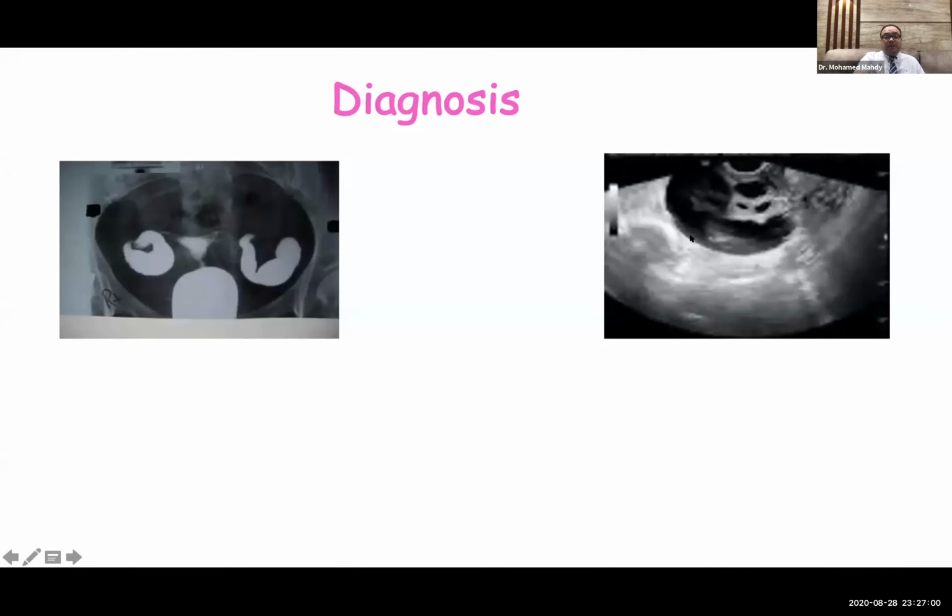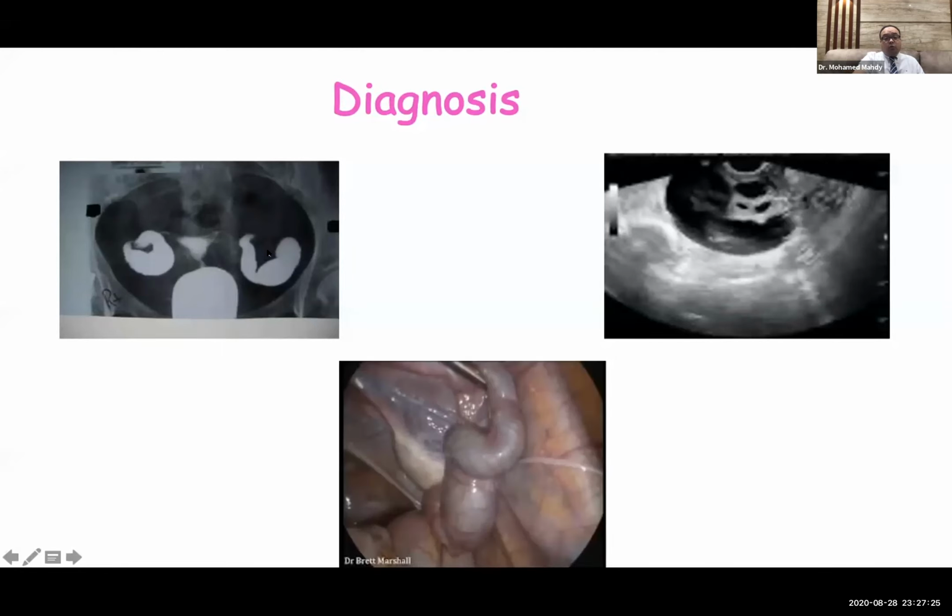You can see this shape, which is characteristic for hydrosalpinx: a sausage-shaped, fluid-filled structure near the ovary. You may have septation inside this cystic structure. So the conclusive diagnosis is 2D ultrasound, then you do hysterosalpingogram to confirm communication between the uterine cavity and fallopian tube, and lastly you do laparoscopy for confirmation of diagnosis and management.